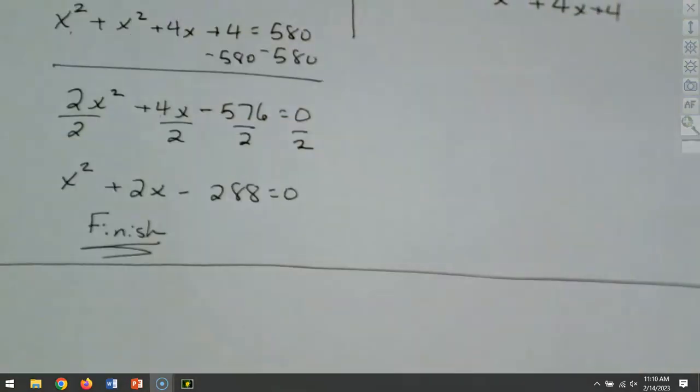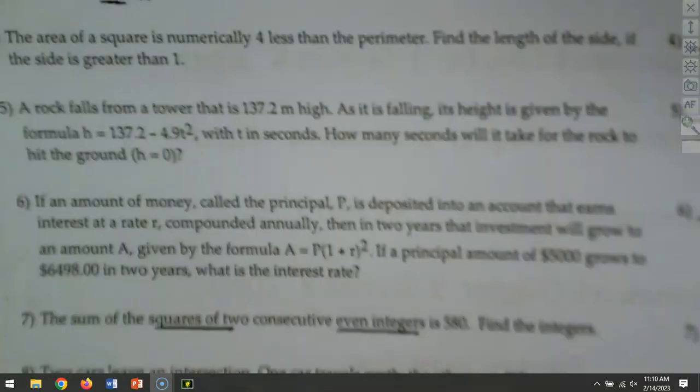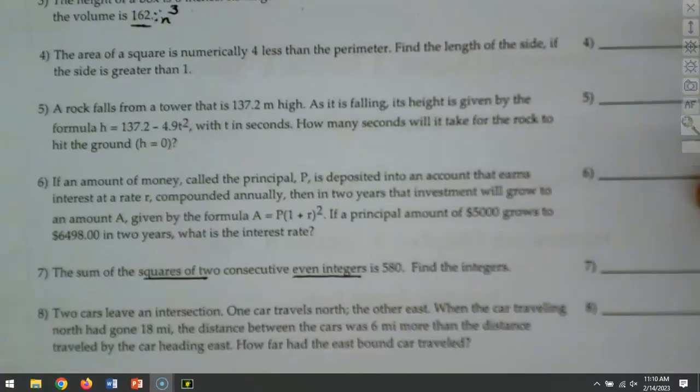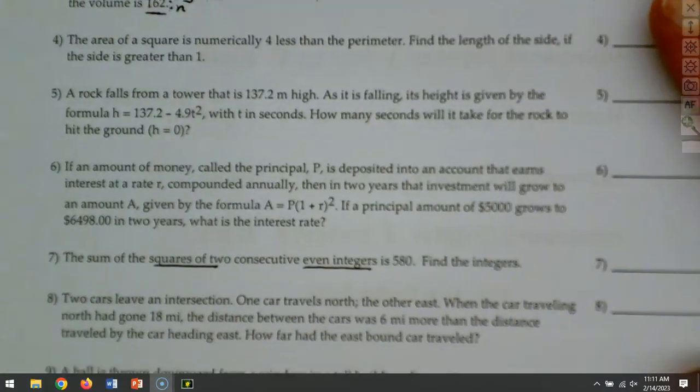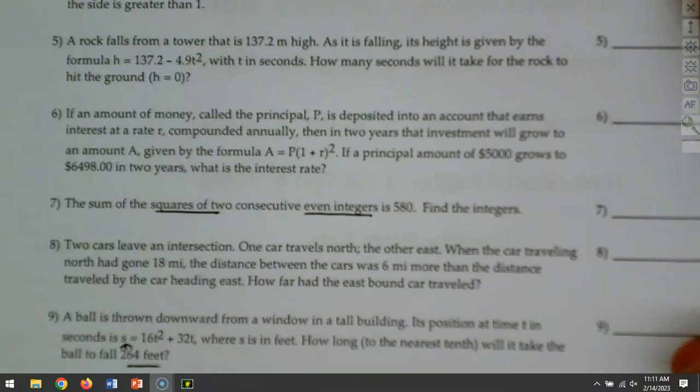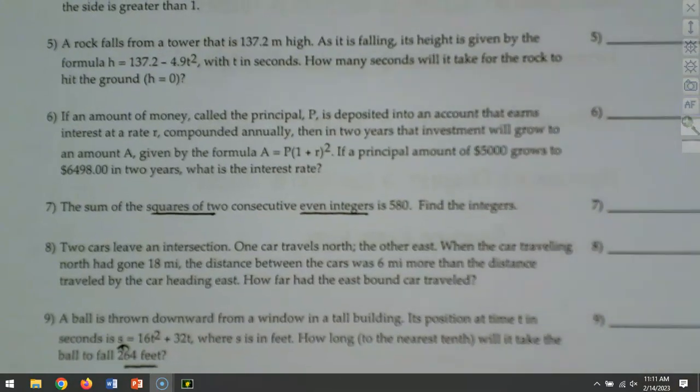Question 8. There are many different types of questions in 1-5 to look at, different types of problems. This one's going to involve the Pythagorean theorem.